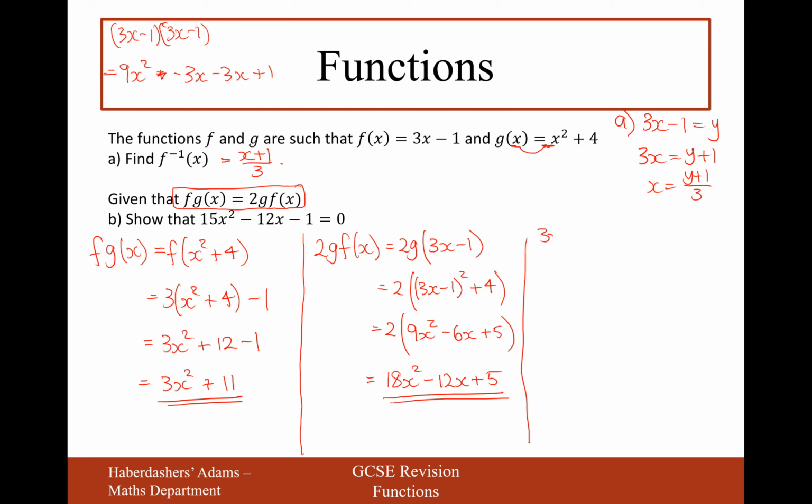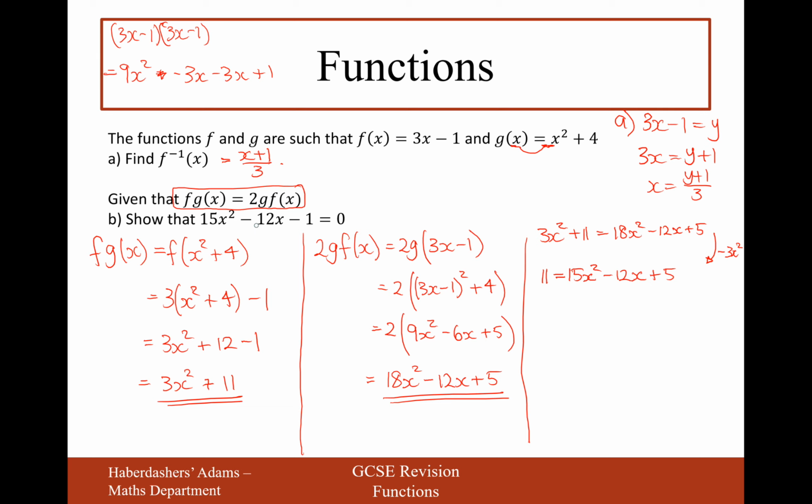Now we just need to do the show that part. 3x squared plus 11 equals 18x squared minus 12x plus 5. So I need to make it 15x squared. So the first thing I'll do is I'll take away 3x squared. So that'll leave me 11 equals 15x squared minus 12x plus 5.